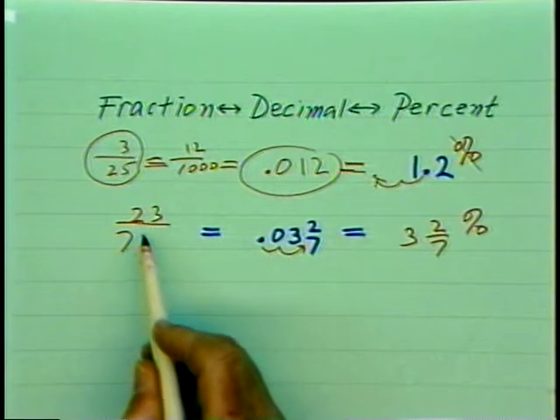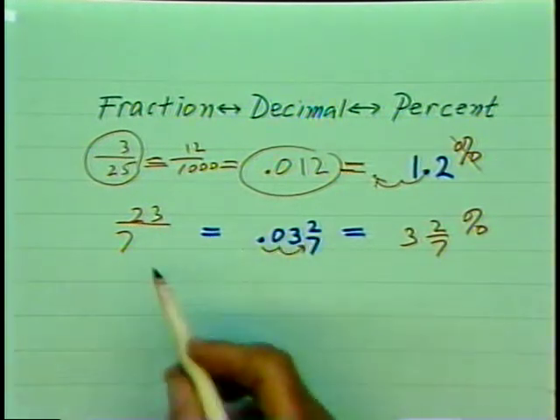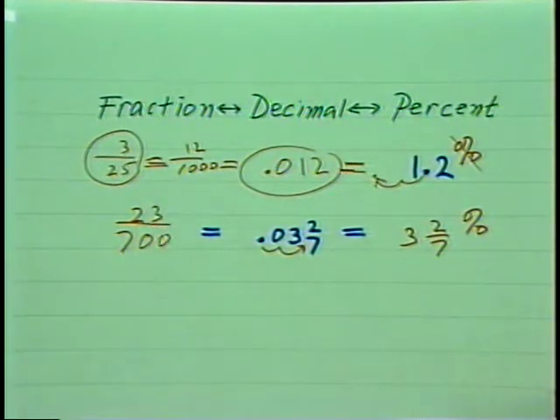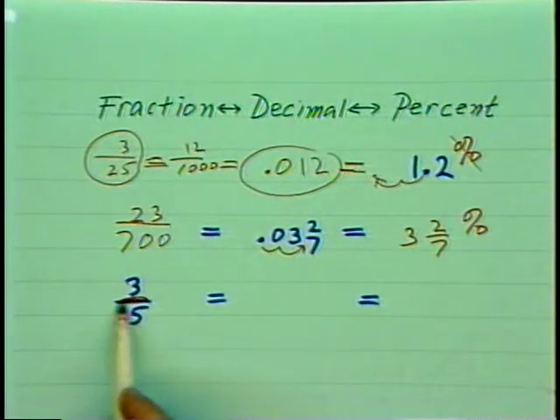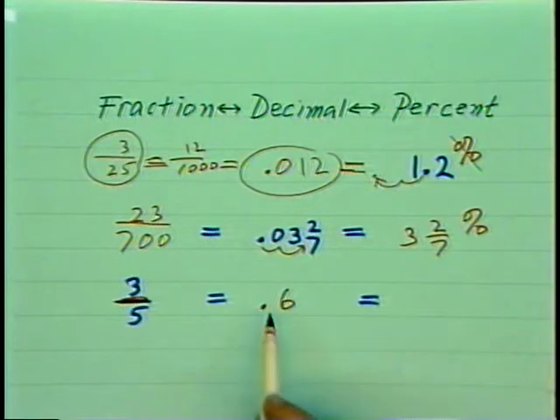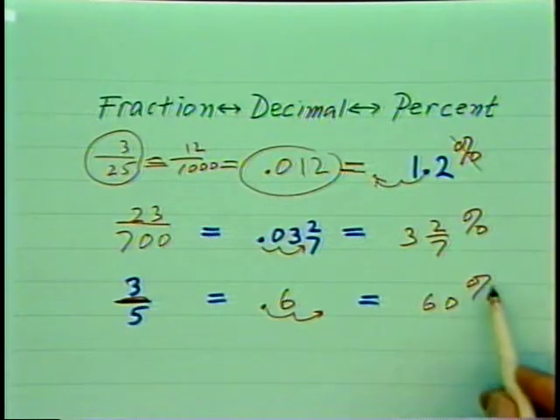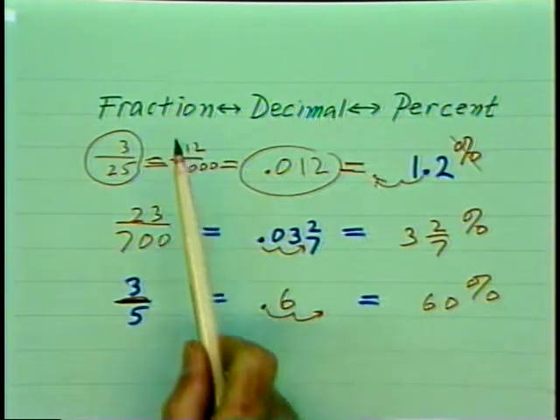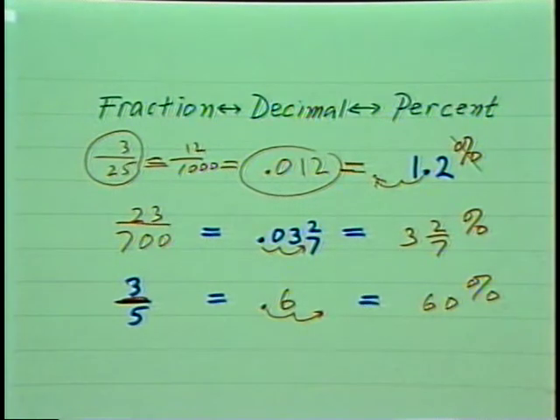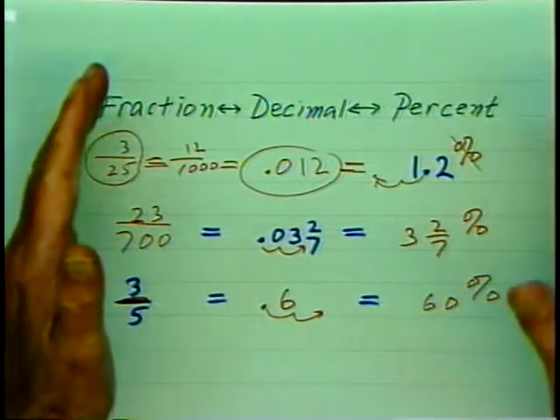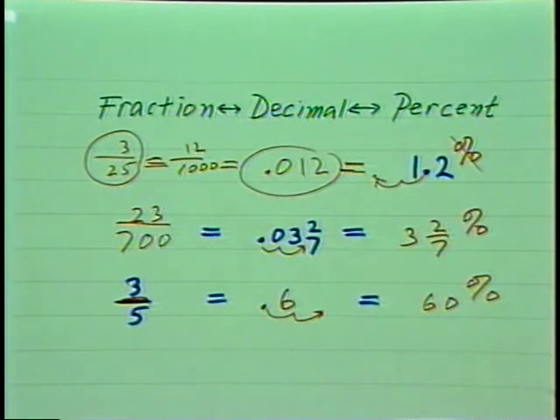Then stick on as many zeros here as I have decimal places here, then reduce if possible. And if we have a fraction, we change to a decimal by simply doing this division and getting 0.6. Then once we have a decimal, to change to a percent, we move it 2 places towards a percent and stick on the percent sign. And of course, there are many, many variations of this basic theme, and you should be becoming fairly comfortable with them.